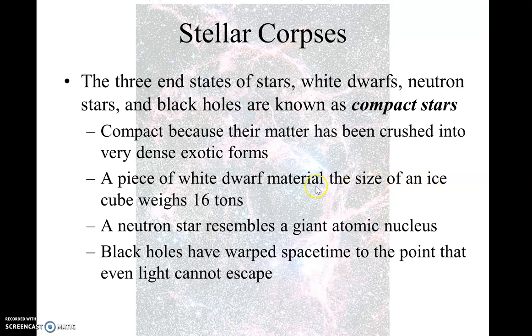An ice cube size of white dwarf material would weigh literally more than 16 tons. So you don't find any white dwarf material on the Earth. And of course, neutron star material would be even more massive.